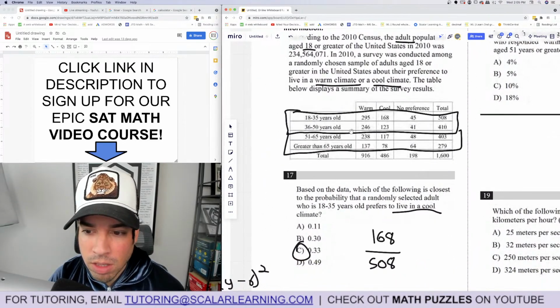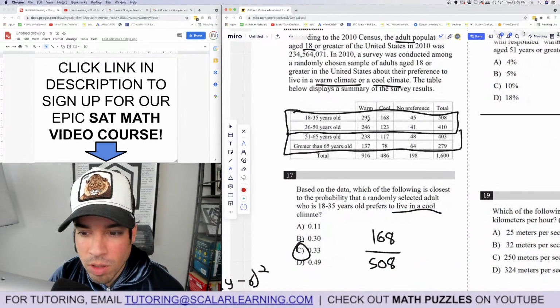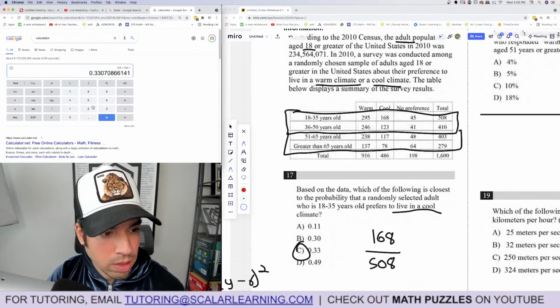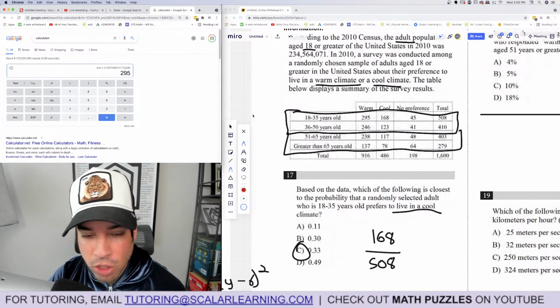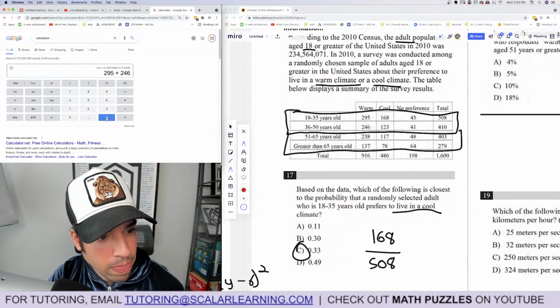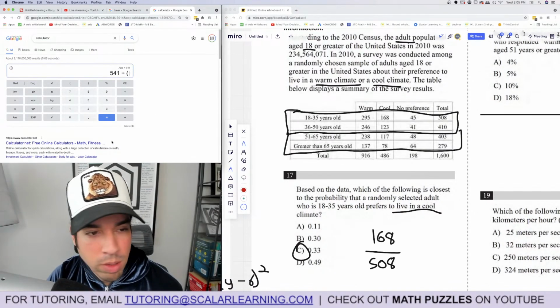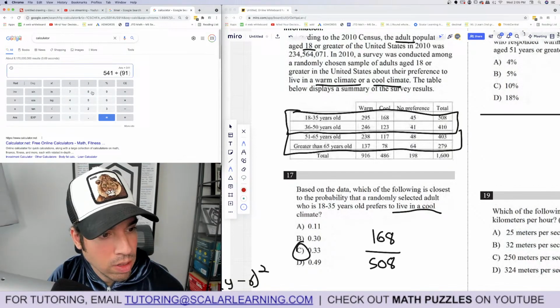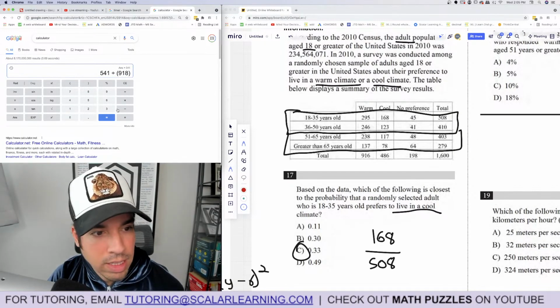Okay, let's see if we can calculate this pretty quickly. So I'll use a calculator. Why not? You have to be super careful to make sure you don't type anything wrong in. 295 plus 246 out of 508 plus 410 is 918, right? Let me just double check that. 918. Cool.